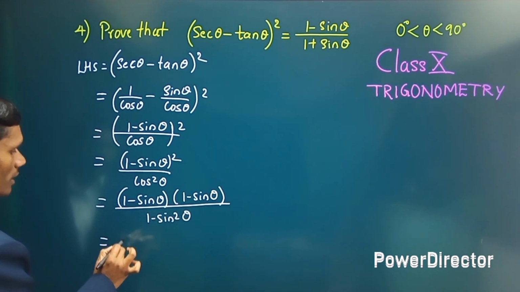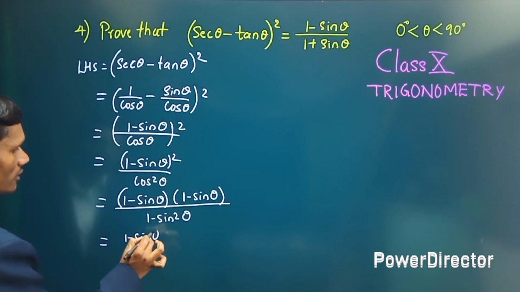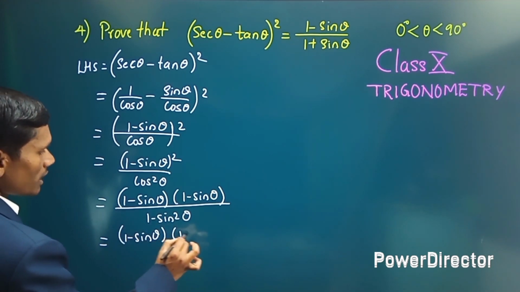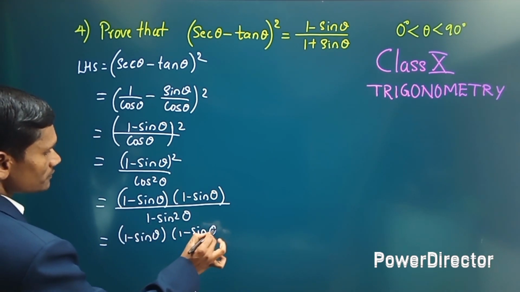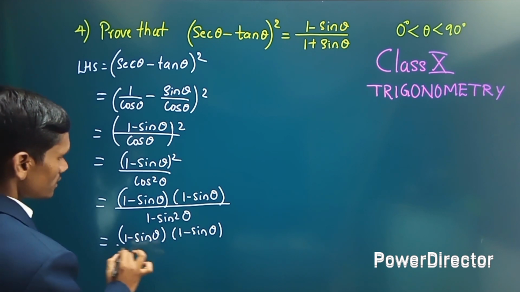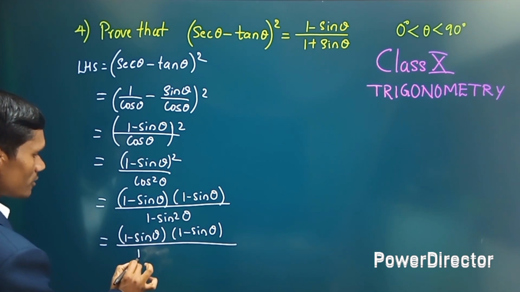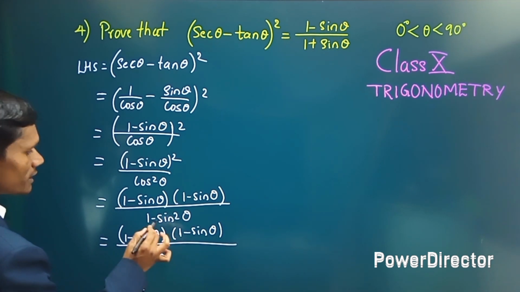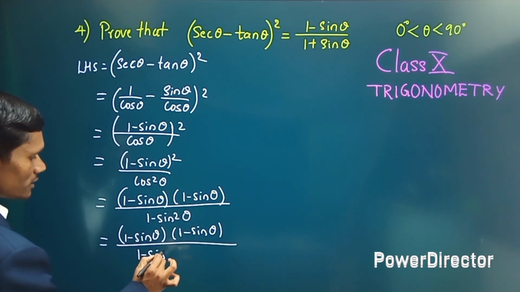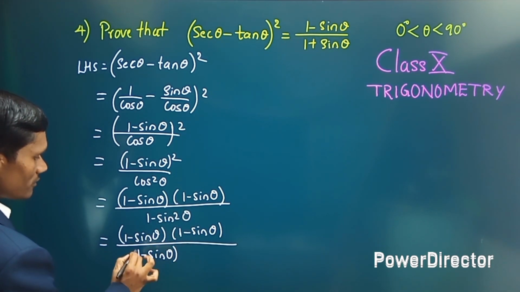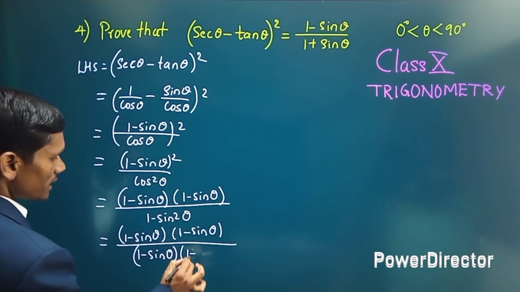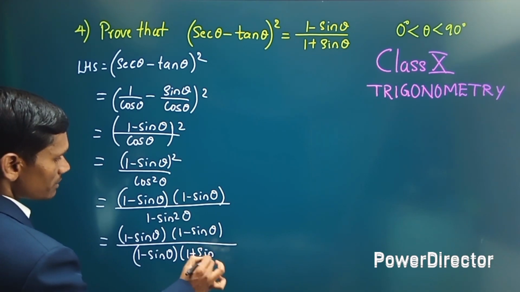Next, (1 minus sin theta) into (1 minus sin theta), divided by this becomes (1 minus sin theta) into (1 plus sin theta), because this is a square minus b square form. That is why we are expressing it in the form a plus b into a minus b.